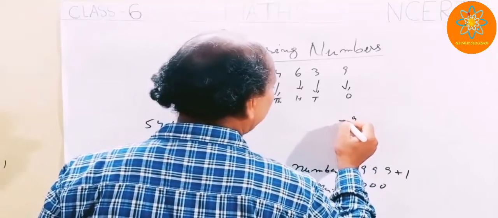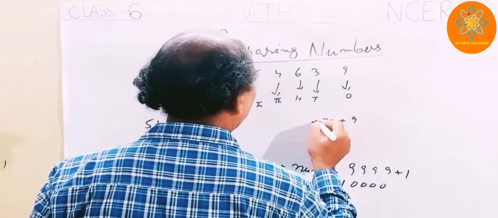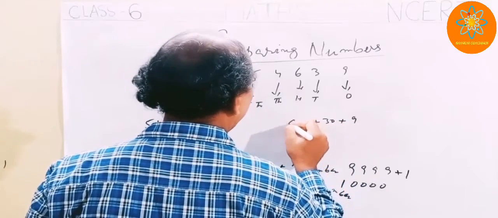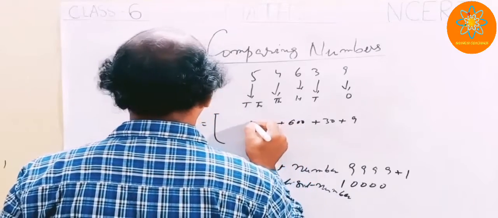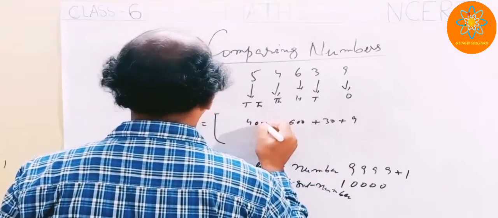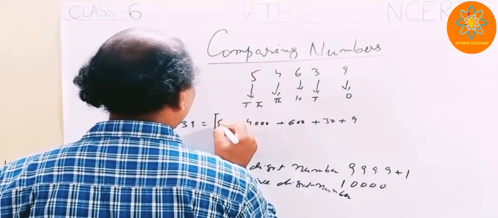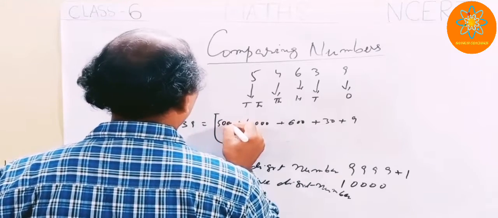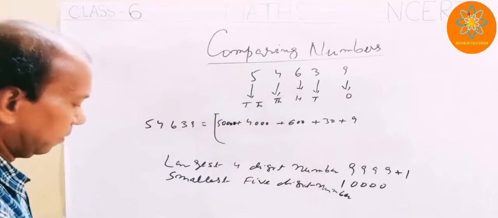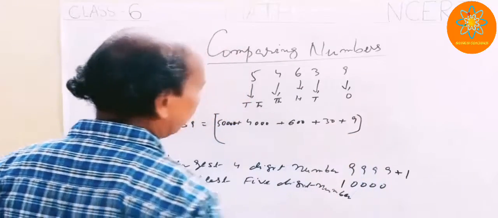Then another is plus 30. Then plus 600. Then plus 4,000. Then plus 5,000. Like this. So this is the place value.